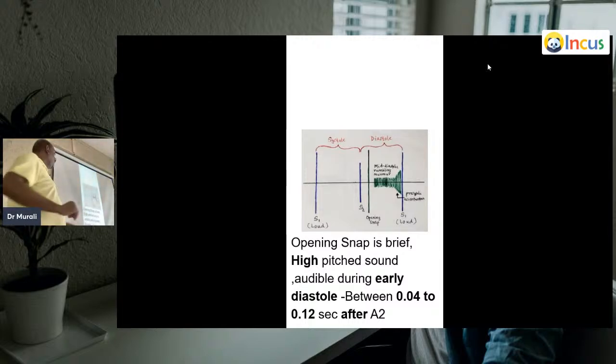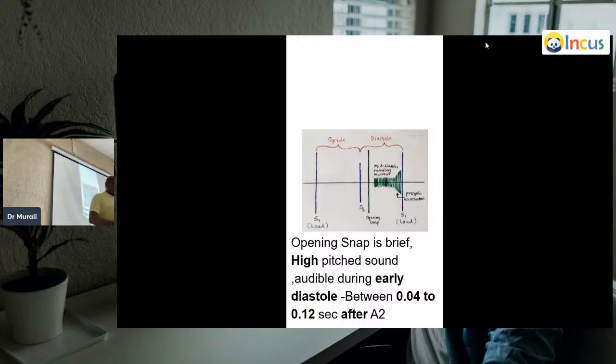Next, the opening snap is typically heard after A2. Now, what is the importance of the gap between A2 and OS? Normally, it is between 0.04 and 0.12 seconds.